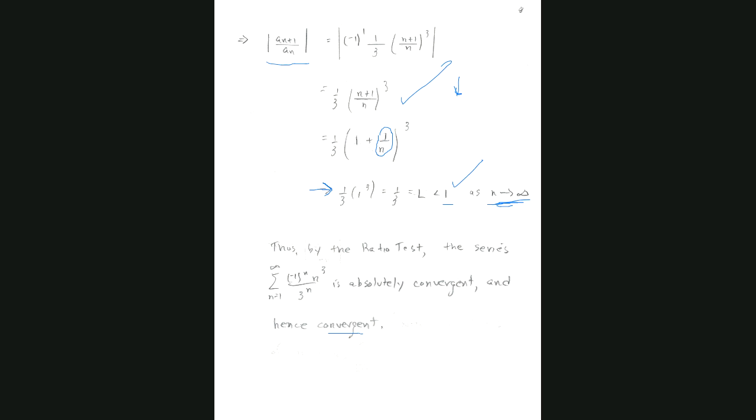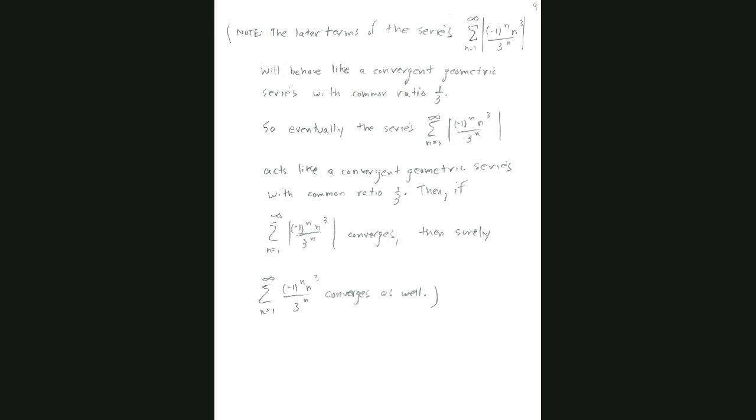Now I'll make one more comment here about this problem. These are just some final intuitive notes that I think are helpful. So we note the later terms of the series, where we take the absolute value of the terms, will behave like a convergent geometric series with common ratio a third.